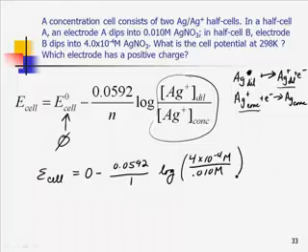So we're going to get 0.0592 times log of 4. And I get an E cell of 0.0828 volts.